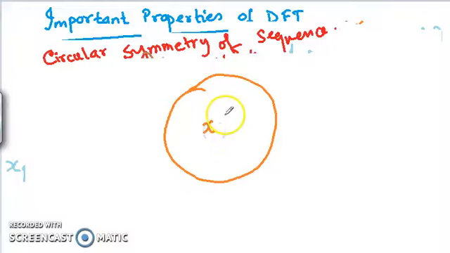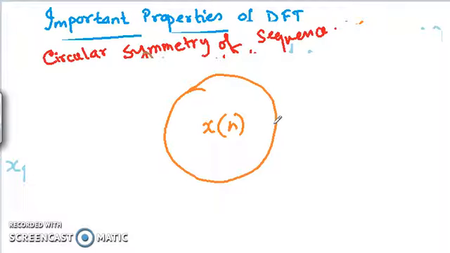This is my x of n. I have 4 samples, and I am plotting the sequence circularly in an anti-clockwise manner.